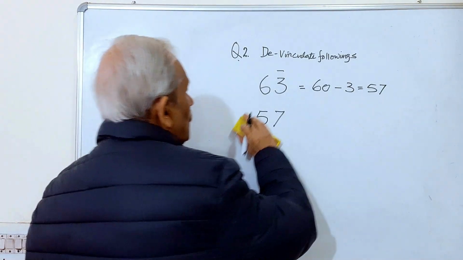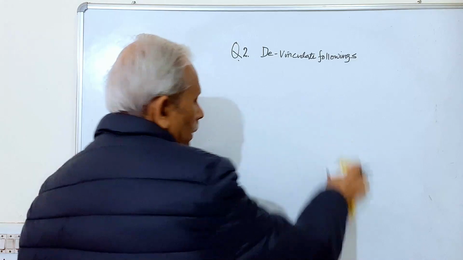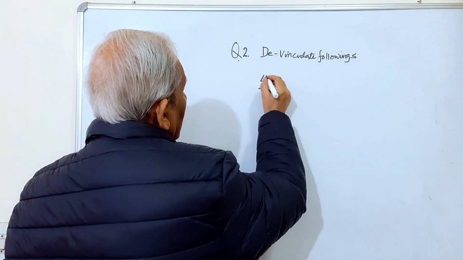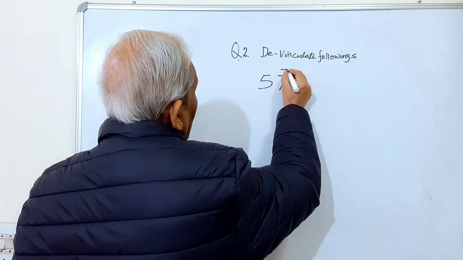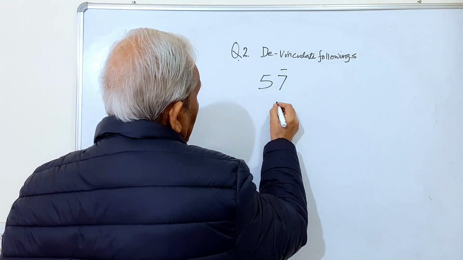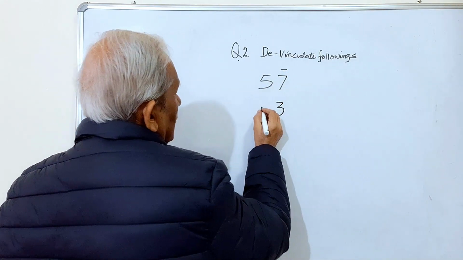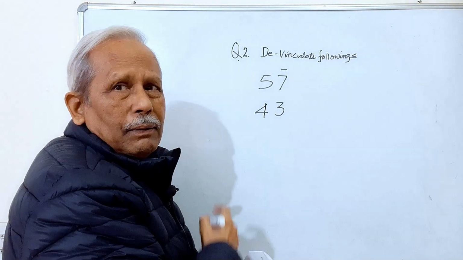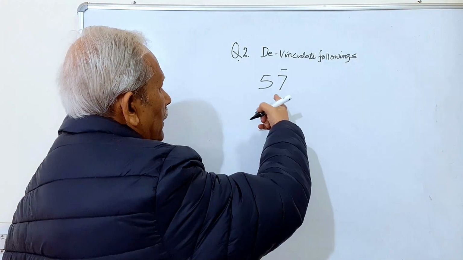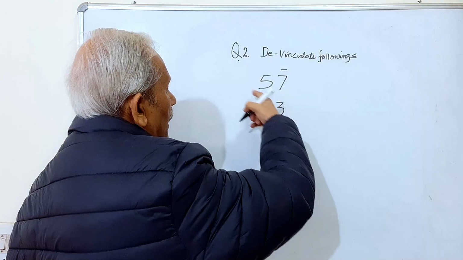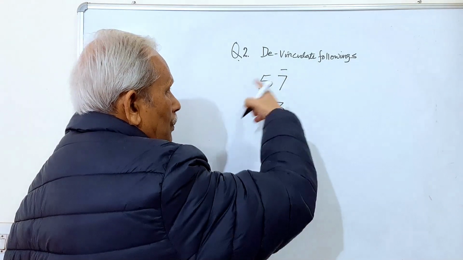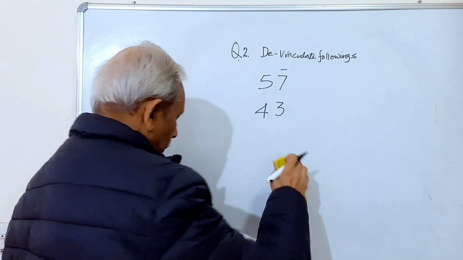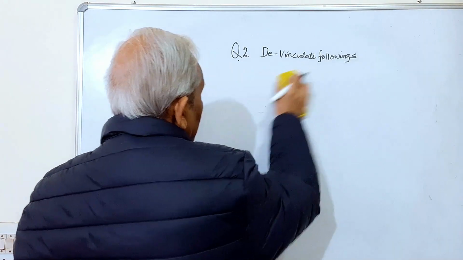Let us see the next question. Next question is 57 bar. 10 minus 7 is 3. 5 reduced by 1 makes 4. The answer is 43. When 43 is vinculated, it becomes 57 bar. Right.